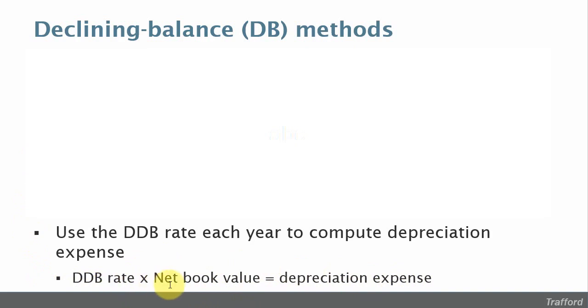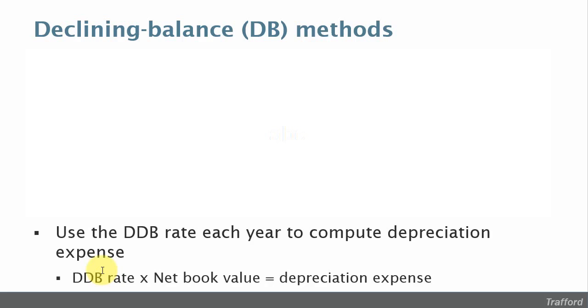You take the current net book value of your asset, and remember, net book value changes all of the time. It's always getting lower because it's cost minus accumulated depreciation. So the formula is always take your book value of your asset times this declining balance rate. And in the case of double declining balance, the declining balance rate is computed as twice the straight line rate.